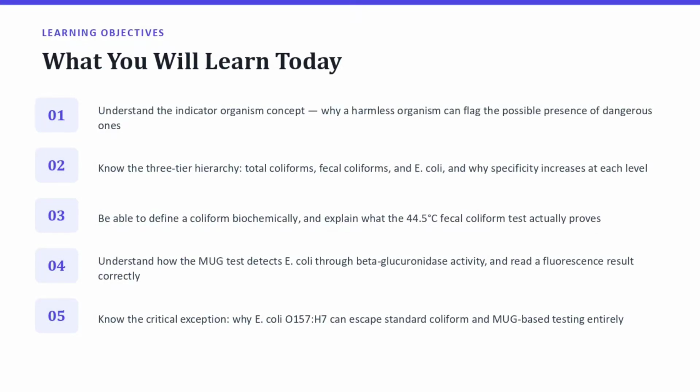Number 3, you will be able to define a coliform biochemically and explain what the 44.5 degrees Celsius fecal coliform test actually proves. Number 4, you will understand how the mug test detects E. coli through beta-glucuronidase activity, and how to read a fluorescence result correctly. Number 5, you will know the critical exception, why E. coli 0157:H7 can escape standard coliform and mug-based testing entirely.